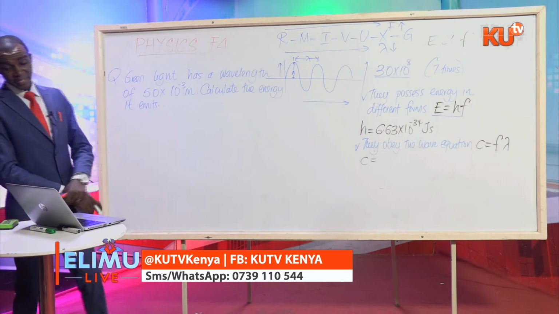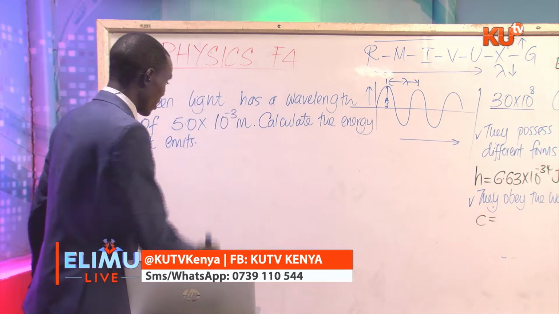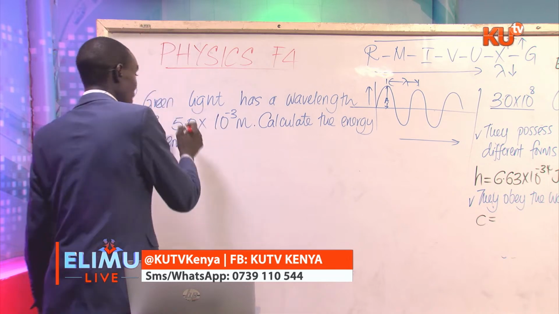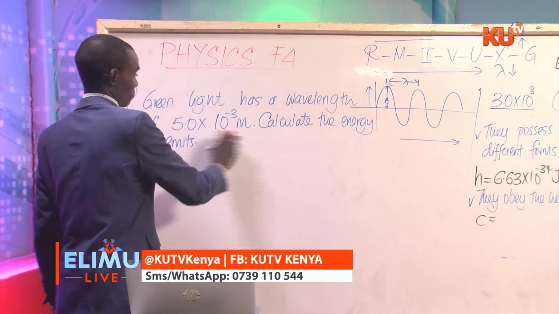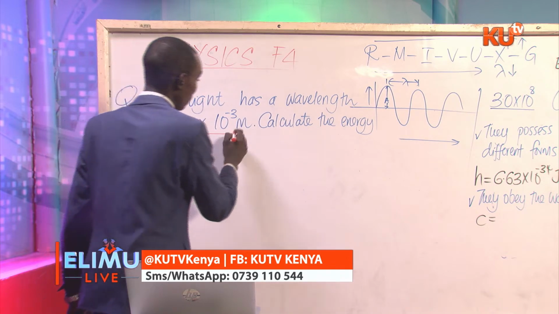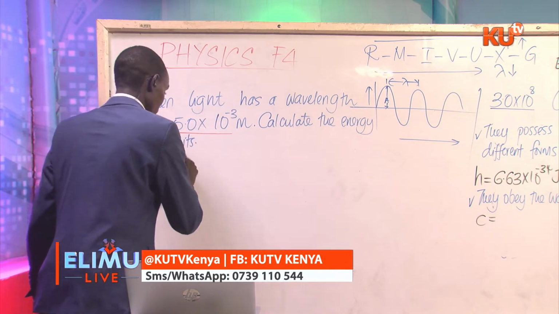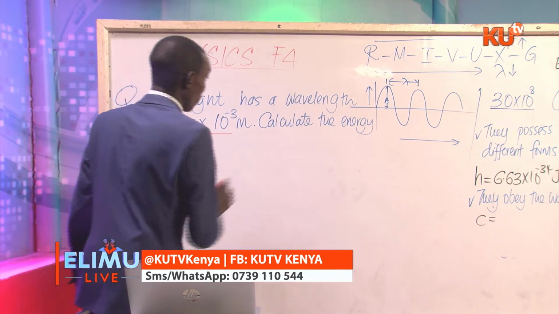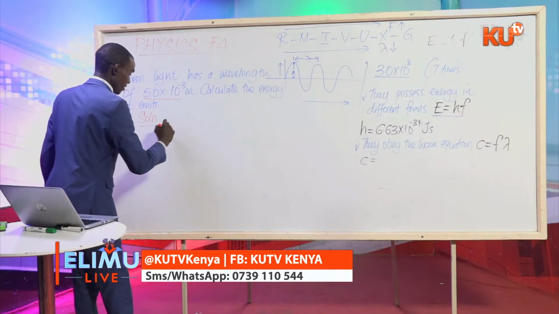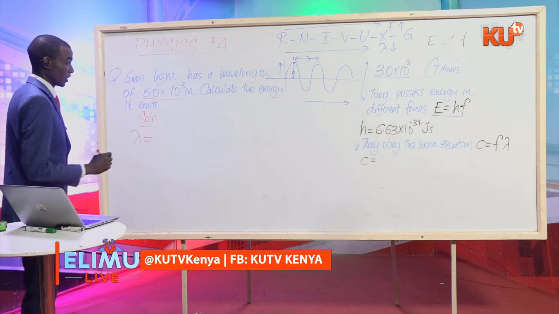Now, this kind of question is very, very common. The good thing with physics is that it doesn't matter how big a number looks, as long as you know how to link up the values. In this case, we have been given two things. What are we given? Number one, we have been given the wavelength, which is represented by lambda, a Greek letter.